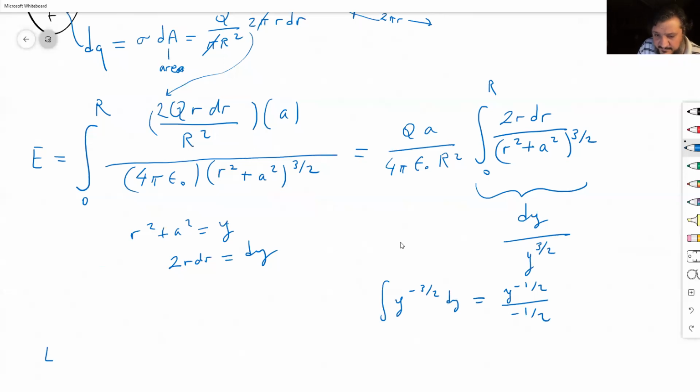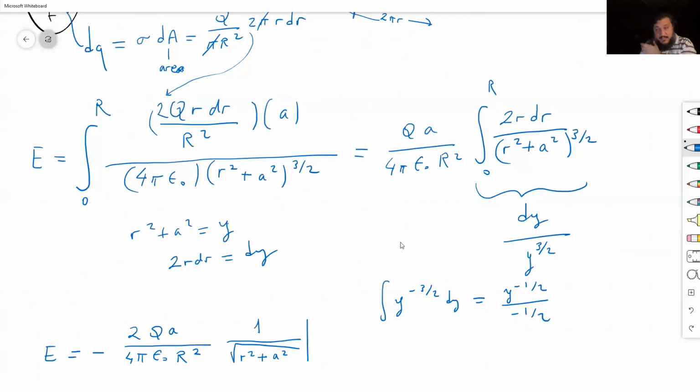So the electric field is now equal to negative 2 times Q a divided by 4 pi epsilon 0 R squared, times 1 over square root y, or 1 over square root of r squared plus a squared.